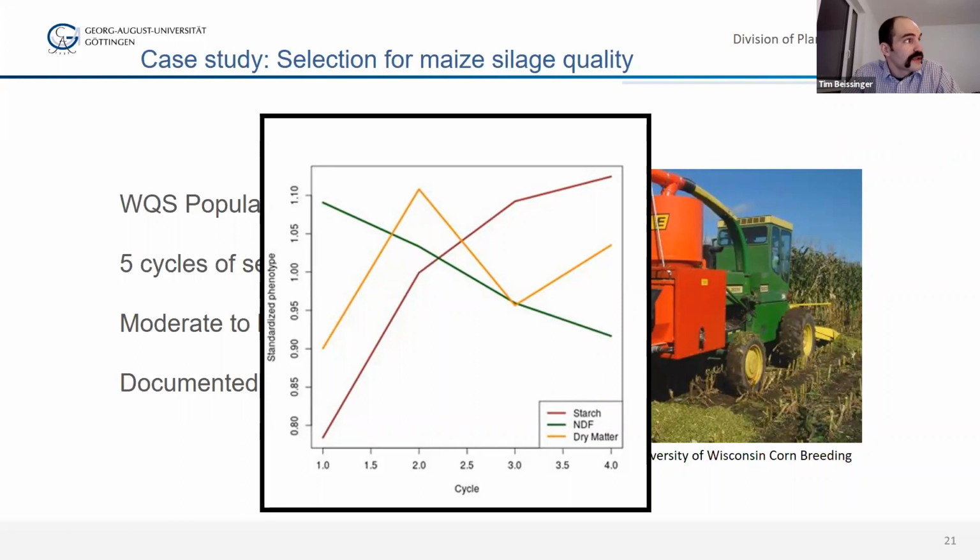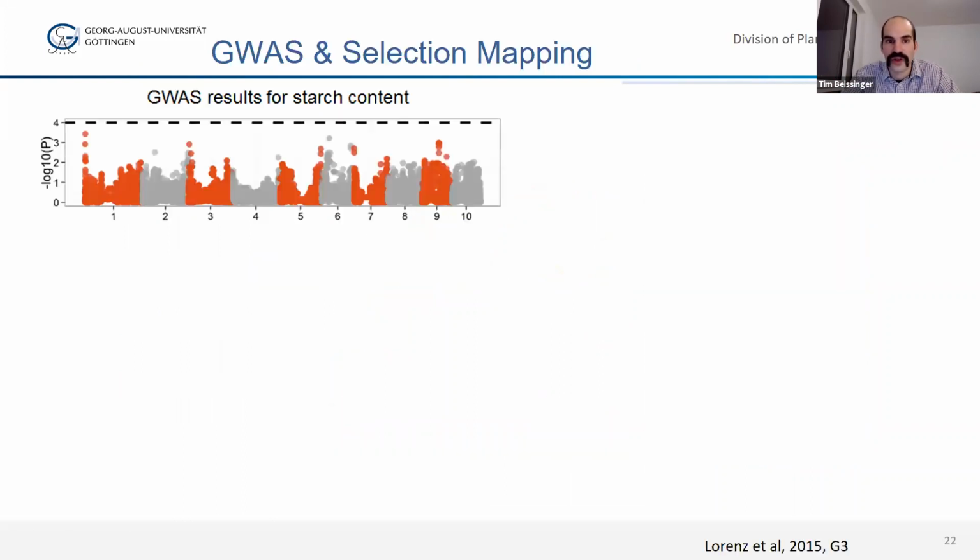So back in 2015, we did a study looking at could we find genome-wide association study hits for any of these traits that were part of the Wisconsin quality silage population.